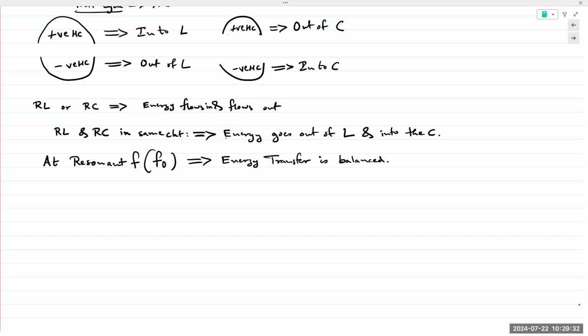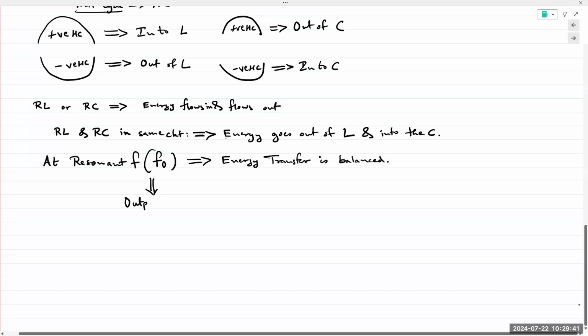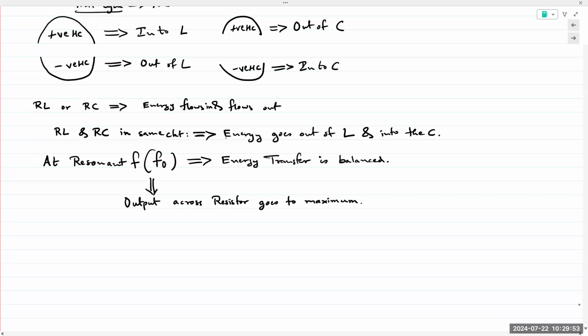And so output at resonant frequency across the resistor goes to maximum. Okay, output across that resistor goes to maximum.